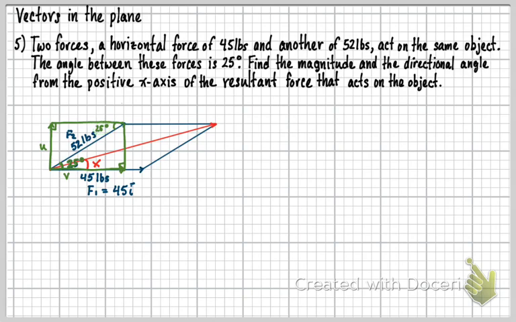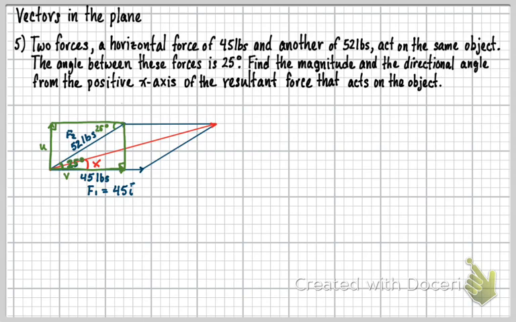pounds, then for U I could get U equaling, so I'm just going to call that F2 for now. Hang on, let me set this up completely. I'm kind of jumping ahead a little bit.